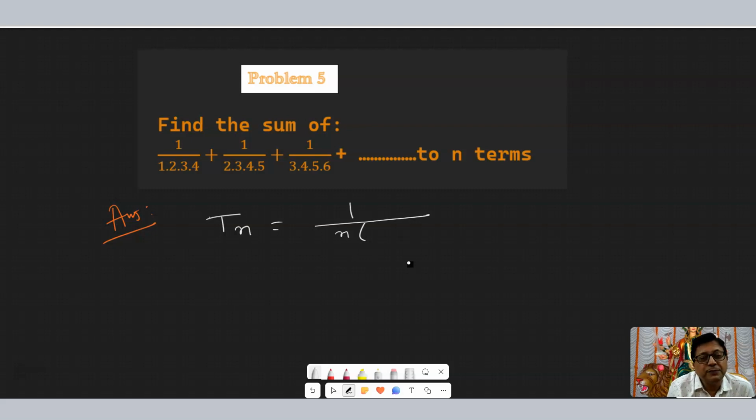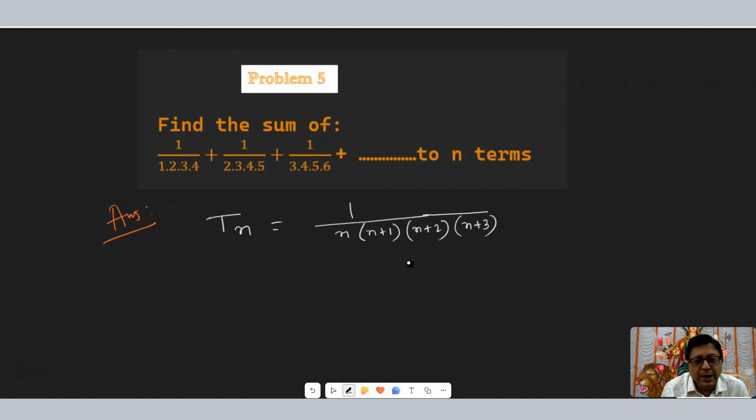Nth term of 2, 3, 4 is n plus 1. Nth term of 3, 4, 5 is n plus 2. And the next one will be n plus 3. This is telescoping. And we will modify this nth term by multiplying and dividing by the difference of the last and the first term.